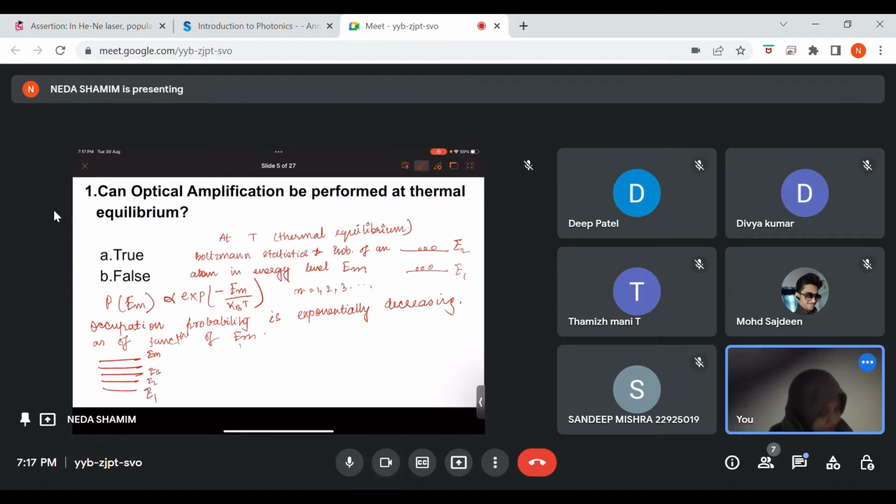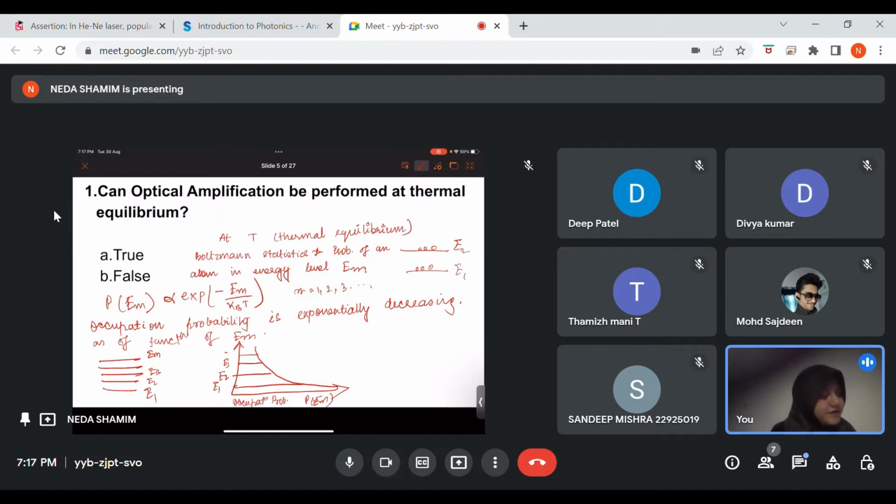If we plot this occupation probability P of Em with respect to the energy level, it will be an exponentially decreasing function. It will be something like this. So this will be E1, E2, E3, and there is some Em. So this is exponentially decreasing.